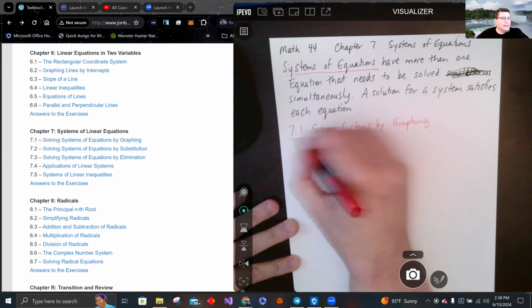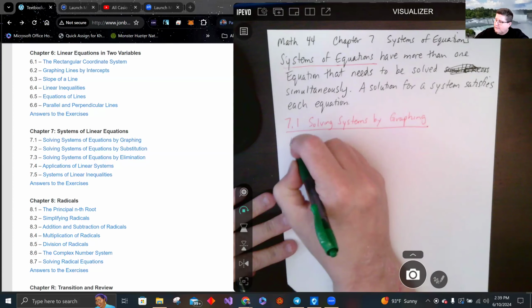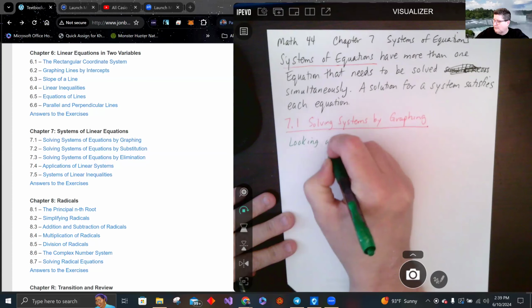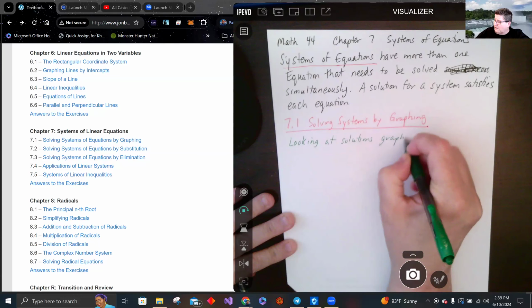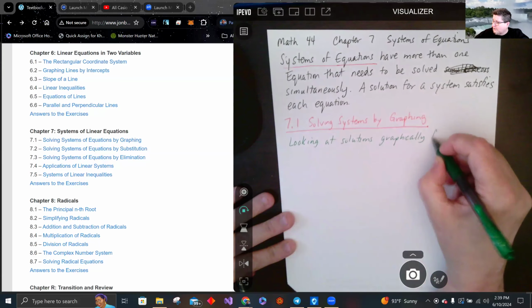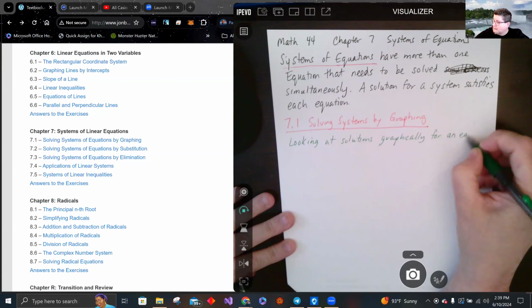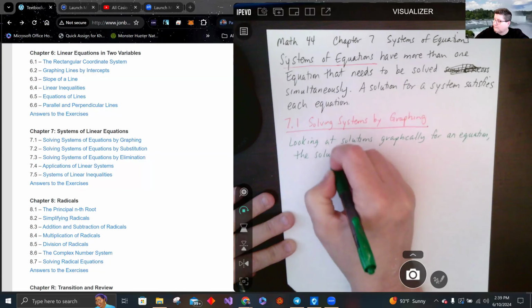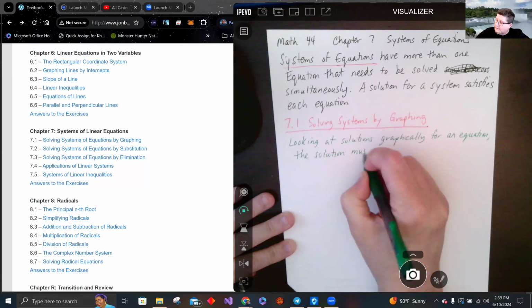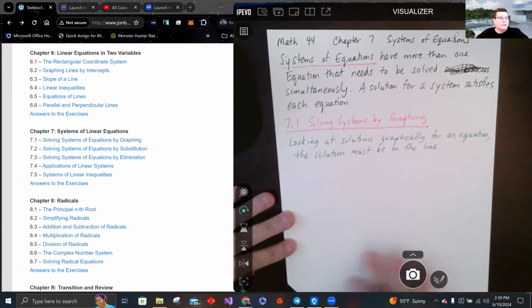All right. So when we look at solutions graphically, for a linear equation, or for any equation, the solution must fall on the line. Must be on the line. Okay.